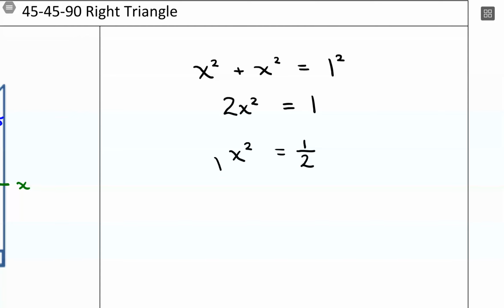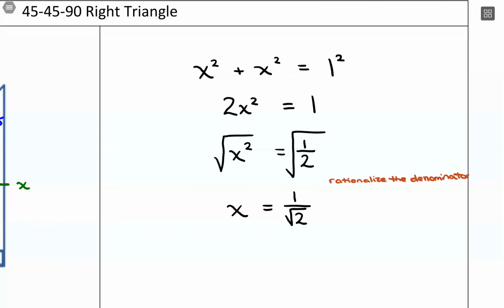And then to solve for x, I'm going to take the square root of both sides. So x is equal to the square root of 1, which is just 1, over the square root of 2. And then something I'm going to do here is rationalize the denominator. It may have been a while since you've done this, and it's really just a formatting thing.